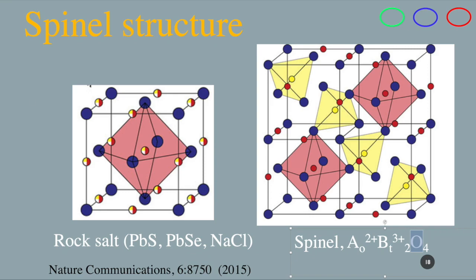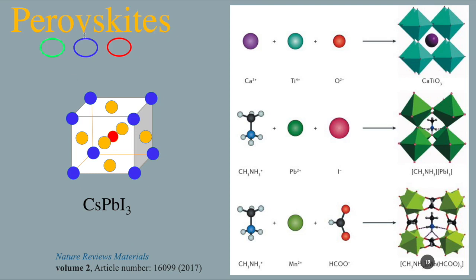Similarly, I give one more example, very famous nowadays, the perovskites. For perovskite, you can draw the unit cell like this, but when you have to draw more complicated structures, I think it's really interesting to draw in terms of polyhedra.